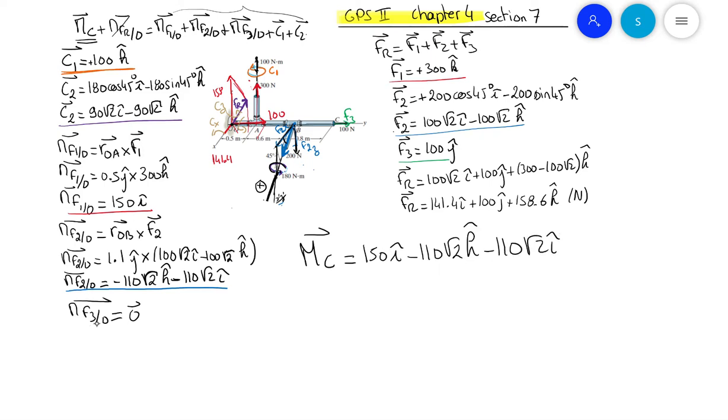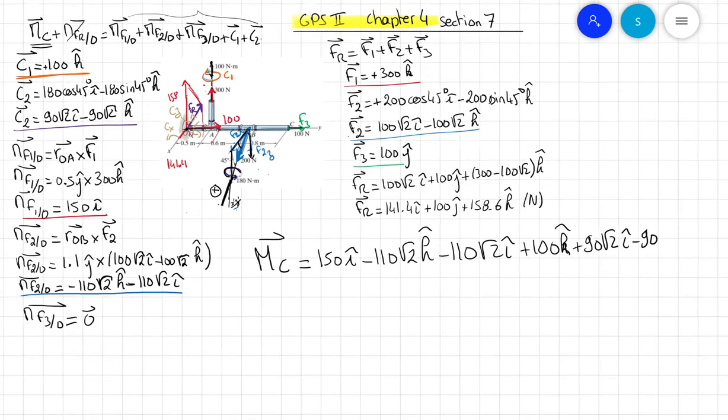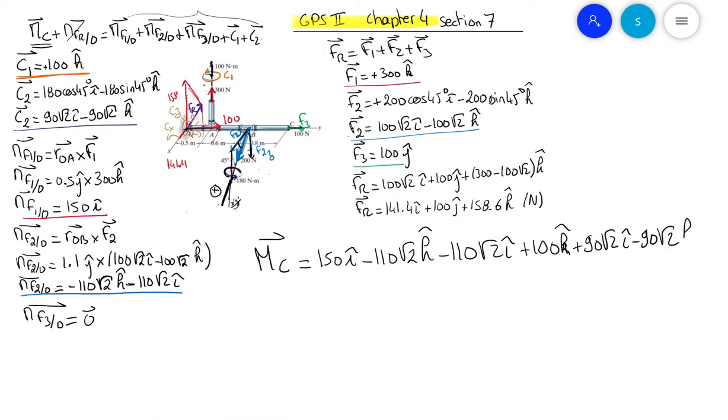F3 is 0, C1 is plus 100 on K hat, and C2 is plus 90 square root of 2 on I hat and minus 90 square root of 2 on K hat. So the couple, on I hat, is 150 minus 100 square root of 2 plus 90 square root of 2.